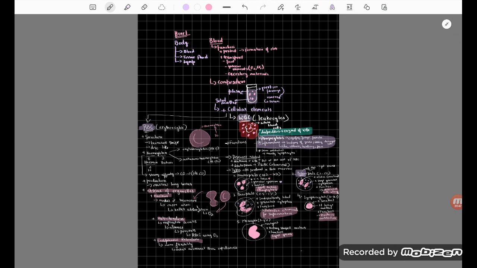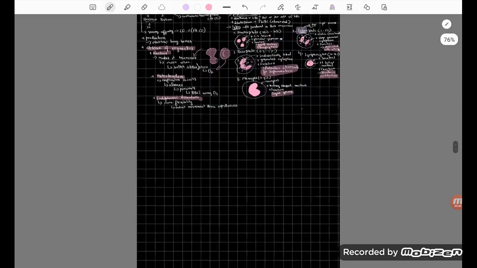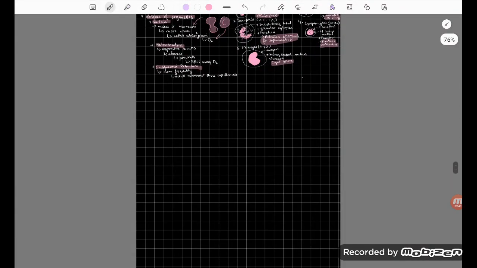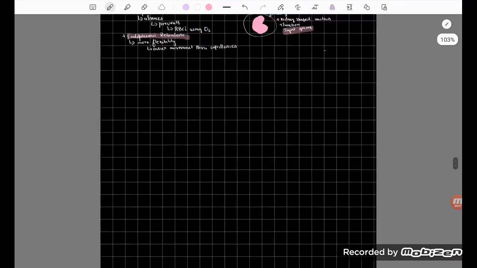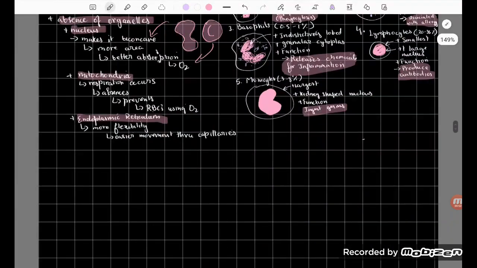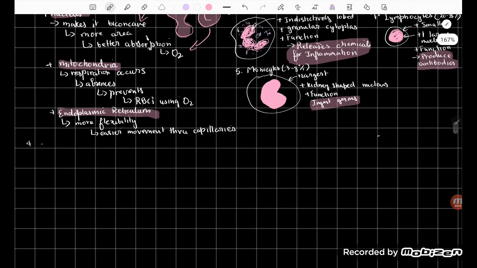I forgot something. We have a third part. I'll come to that. There is one more thing which technically I'm gonna write down here very fast. Increase in RBCs will cause polycythemia.